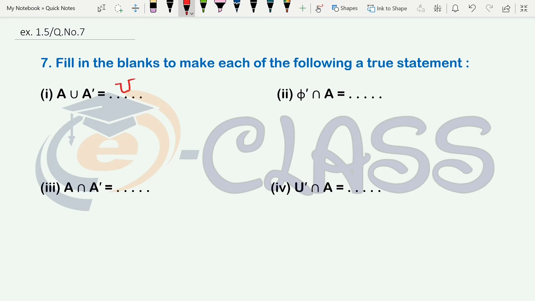Phi prime intersection A equals A. Number 3, A intersection A prime equals phi, and universal set prime intersection A is also equal to phi.